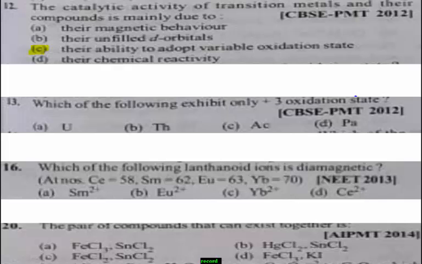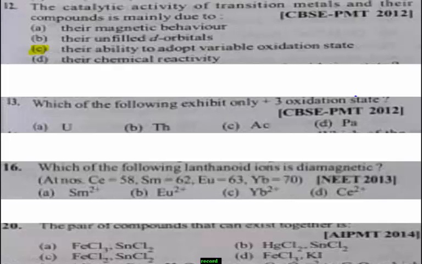Observe one second, the question: which of the following exhibit only +3 oxidation state? Students, all the given options are actinoids. First you know this point. All the given options are actinoids, and the electronic configuration of actinium shows only +3 oxidation state.